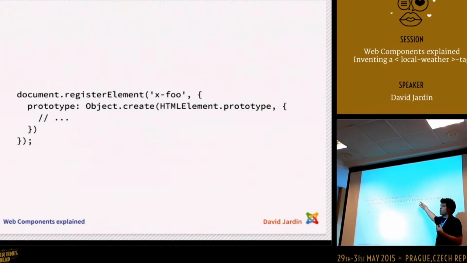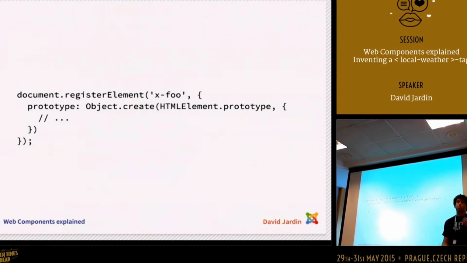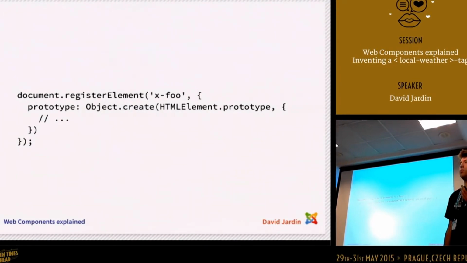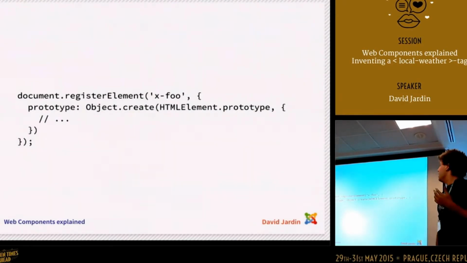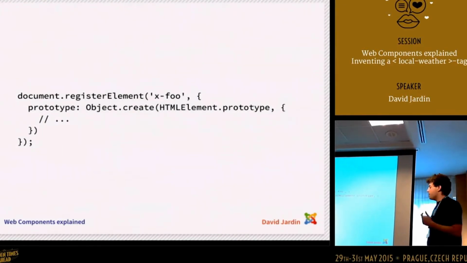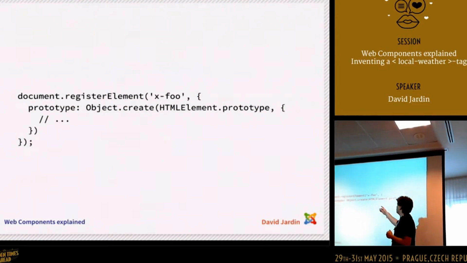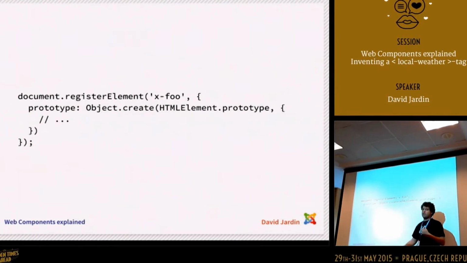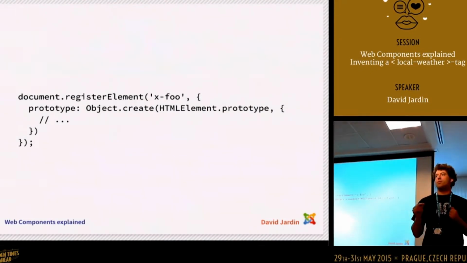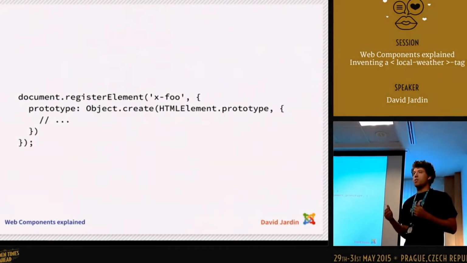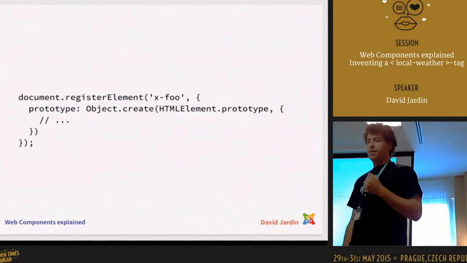You could also use a different object here, for example HTMLParagraphElement, if you want it to be a child of a paragraph, or use an input element or whatever. One thing that is quite important is the dash in between. In the web components world, our custom tags require a dash somewhere, because that's the way of telling the browser that this is our own custom element.